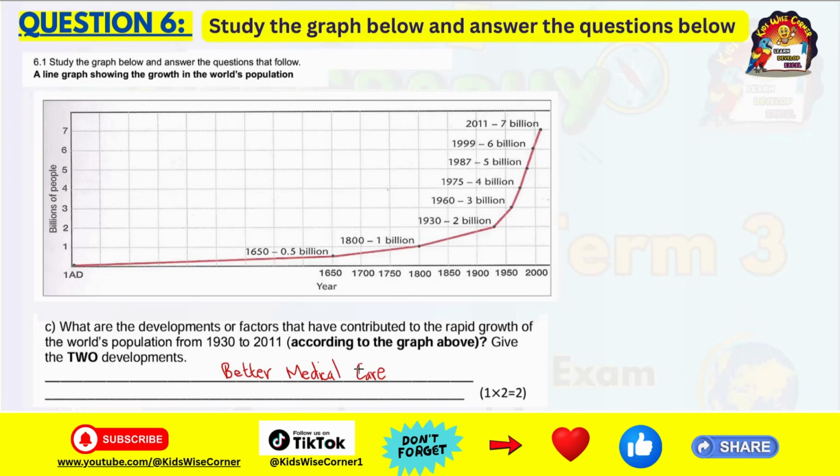There could have been improved food production. There could have been technology advancements. So any two.